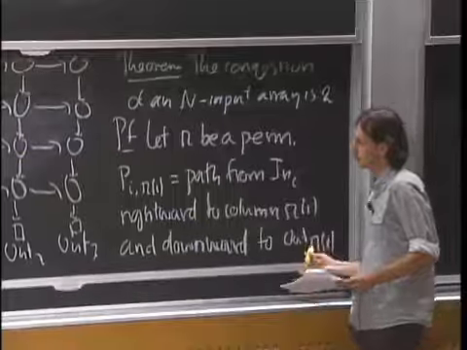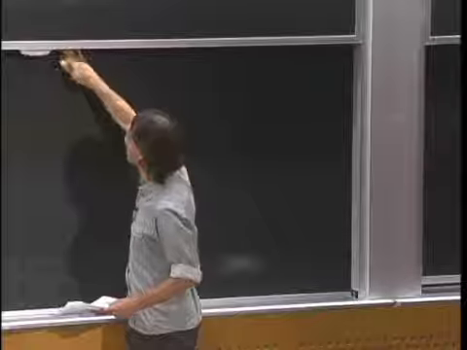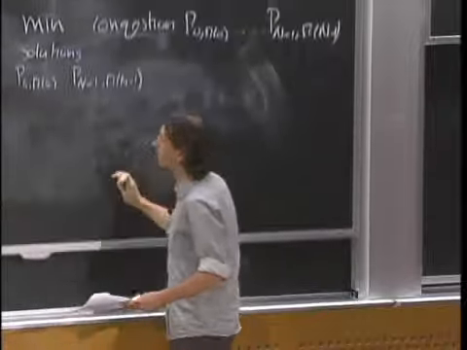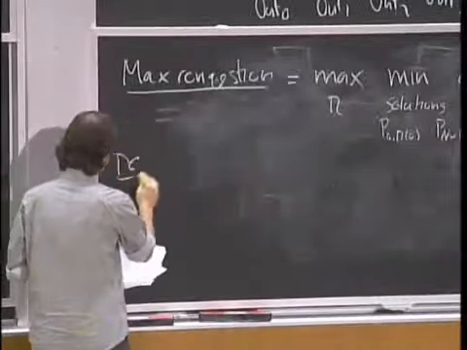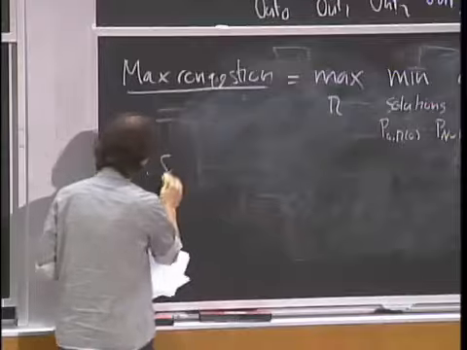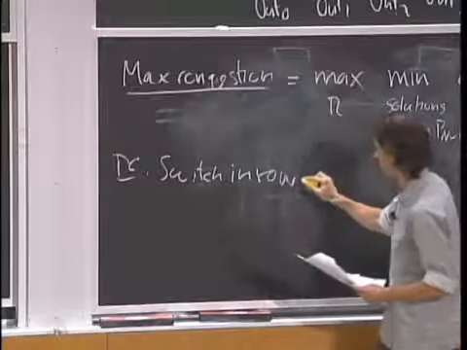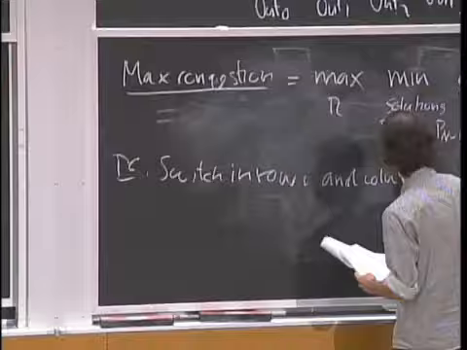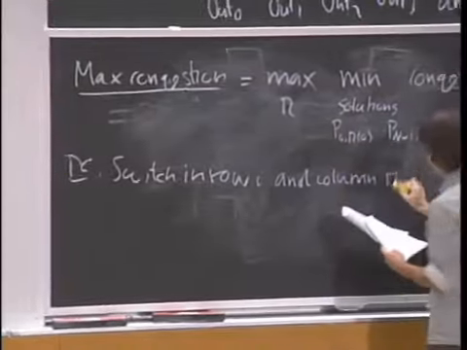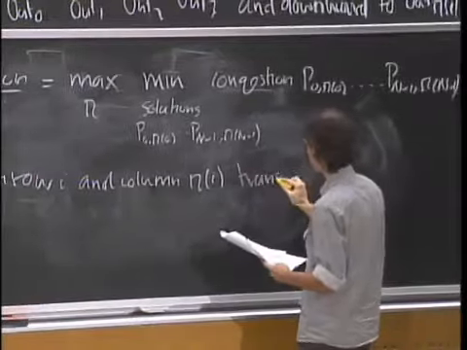So this is a really good solution to the routing problem, because now we can continue our proof as follows. If you look at the switch in row i and column pi(i), this one actually transmits at most 2 packets.